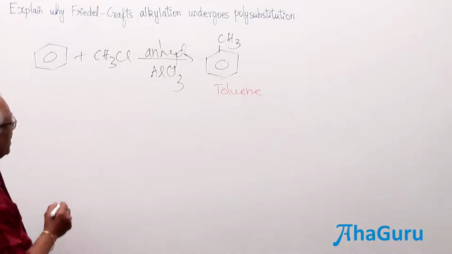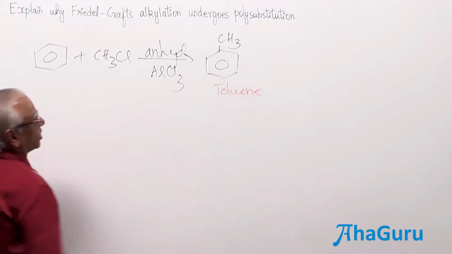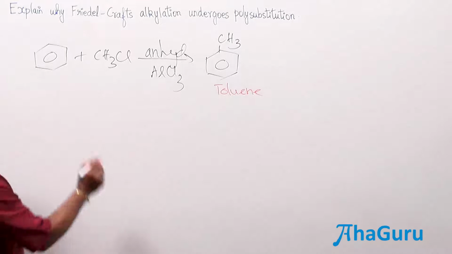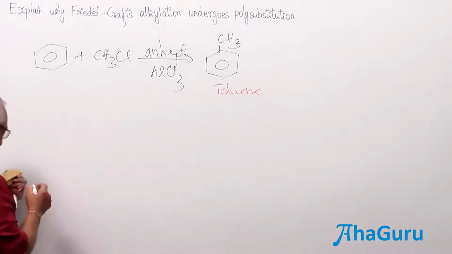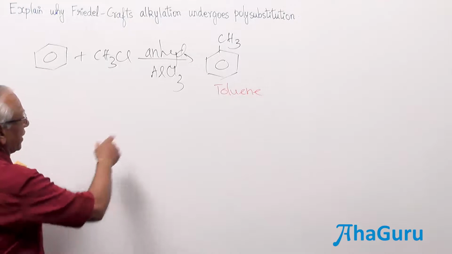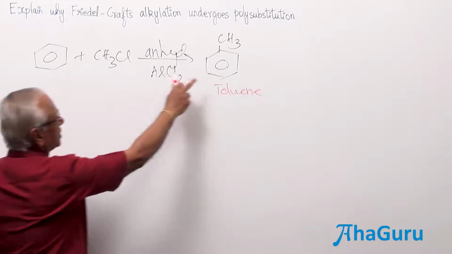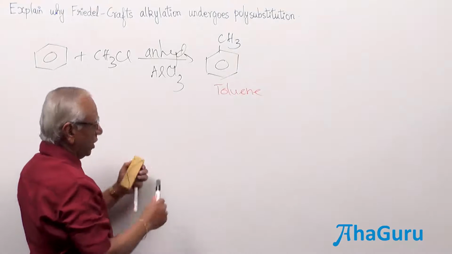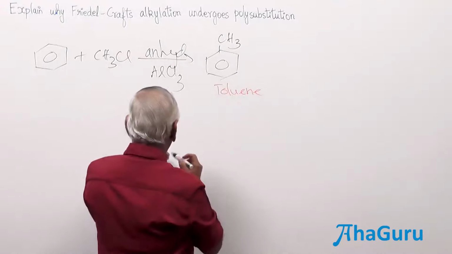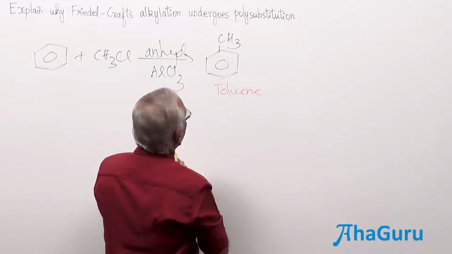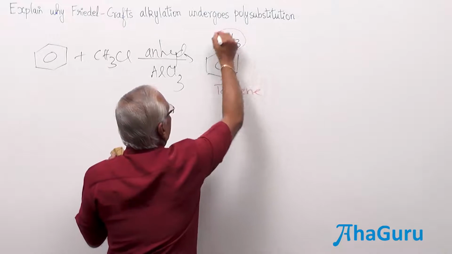Now, what should be the reason for this? Benzene is attacked by methyl chloride, and let us say we have got 2 products here: benzene and toluene. In toluene, the methyl group is an activating group.